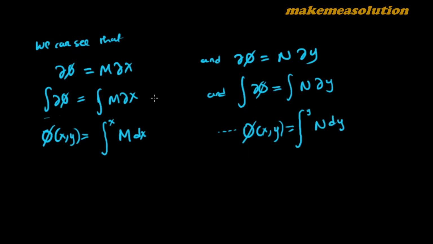Okay, so you see the changes from this point to this point. The meaning of this particular change is just to let you know that this integral is like a partial integration. It's not like a normal conventional integration.